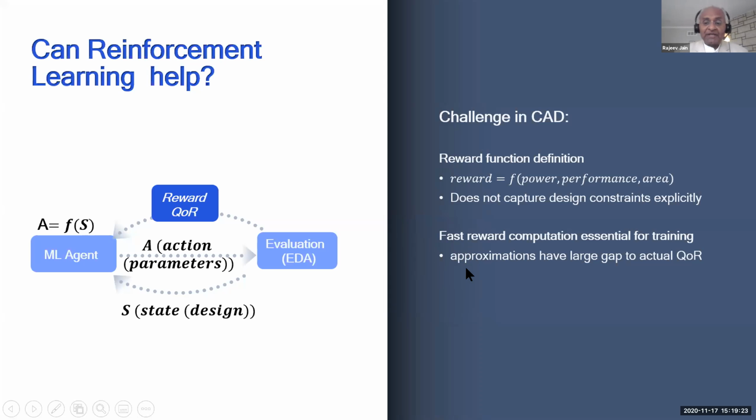Now, how people are trying to get around that is by approximating the output of the tool without actually running the tool, by having some approximation function that approximates the reward for the given design parameters. And as we will show, that is actually the crux of the problem with the EDA tools today, that there is a large gap between these approximations and the actual QR that you get when you've done the real design tool.